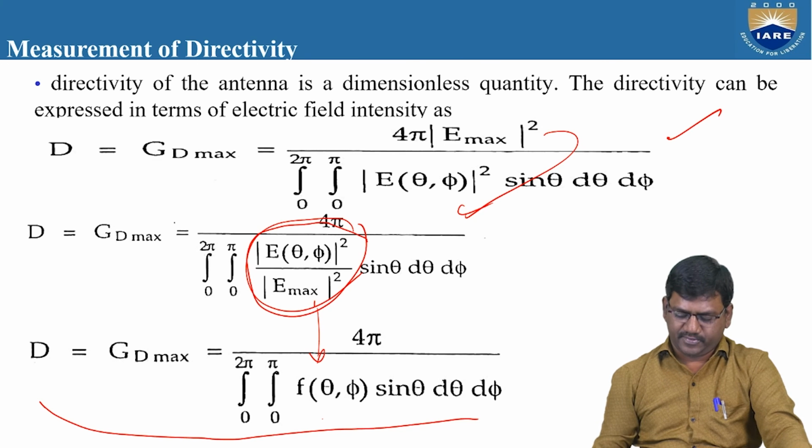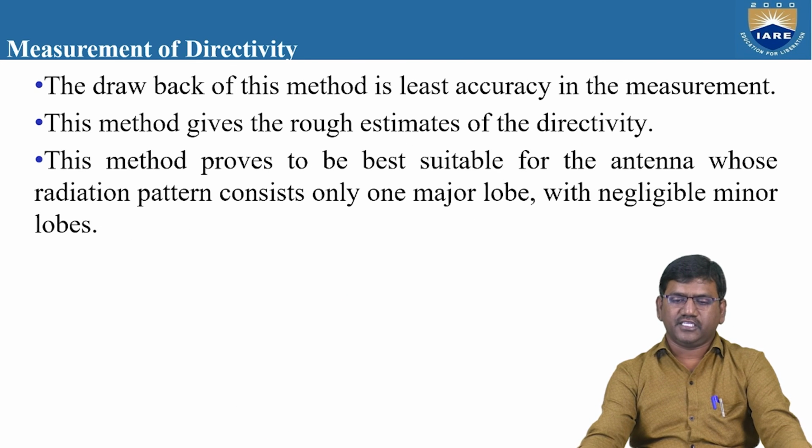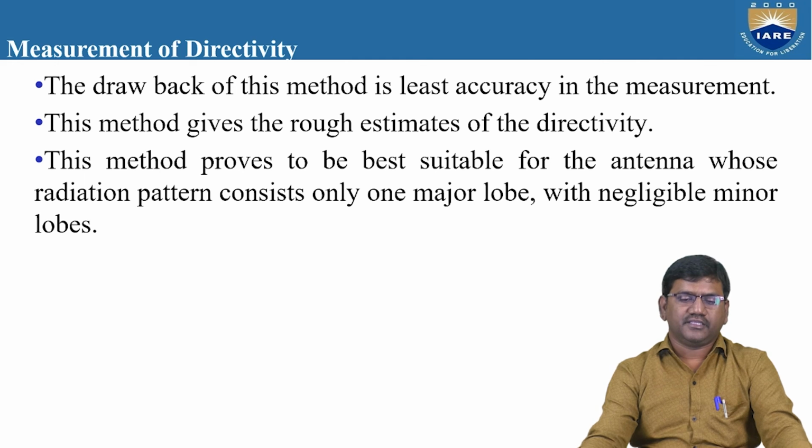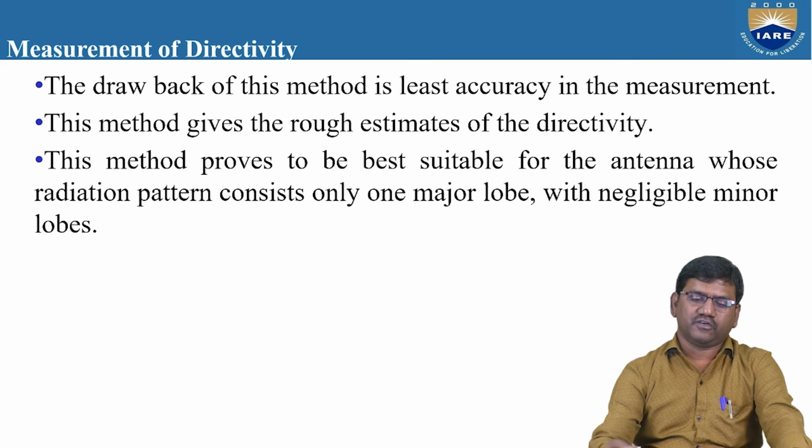So from this definition of directivity, we can write D as 4 pi by the integral of f of theta comma phi sin theta d theta d phi. The drawback of this method is least accuracy in the measurement. This method gives rough estimates of the directivity, and it proves best suited for an antenna whose radiation pattern consists of only one major lobe with negligible minor lobes. Why?